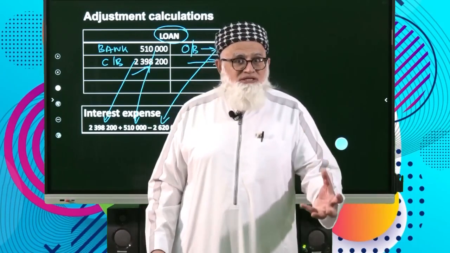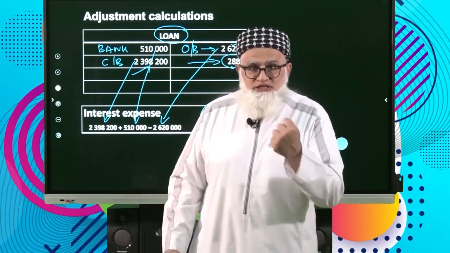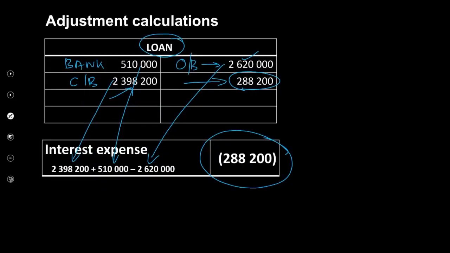A debit to interest expense and a credit to your loan account. Let's look at it. Here we can see it. A debit to interest expense, a credit to my loan account, 288,200. So in other words, your interest expense for the year amounts to 288,200.